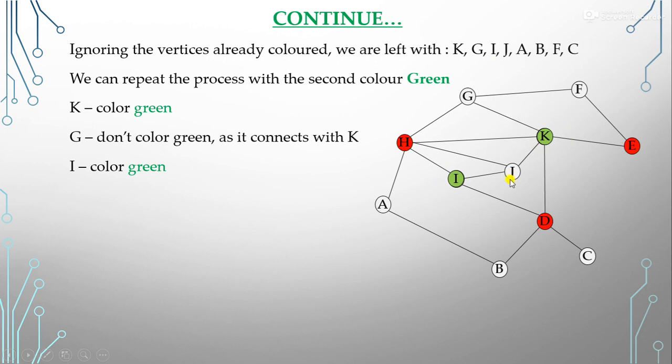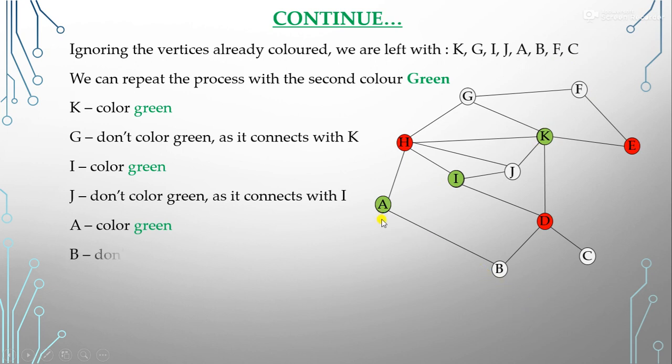After that J. Can we color J green? No, because it is connected to I and K both. A, can we color A green? Yes, because it is not connected to I or K. Now B, can we color B green? No, because it is connected to A.